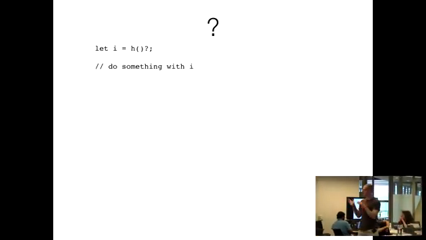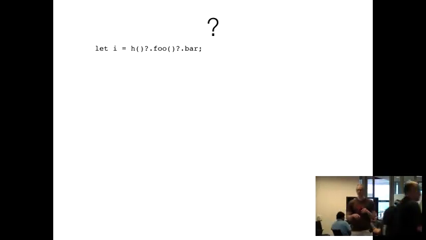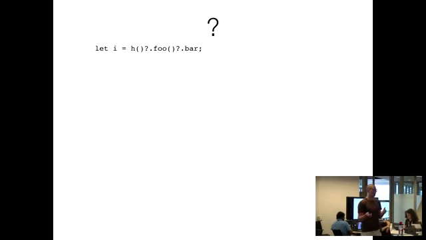Okay, so this is the simple syntax for question mark. You often see it in chains of method calls or field lookups like this, where if you did the matching explicitly, this would be like 10 lines of code, and it'd be really hard to follow what's actually happening. But in this case, you can see quite clearly what the control flow is. It's just a chain of method calls.